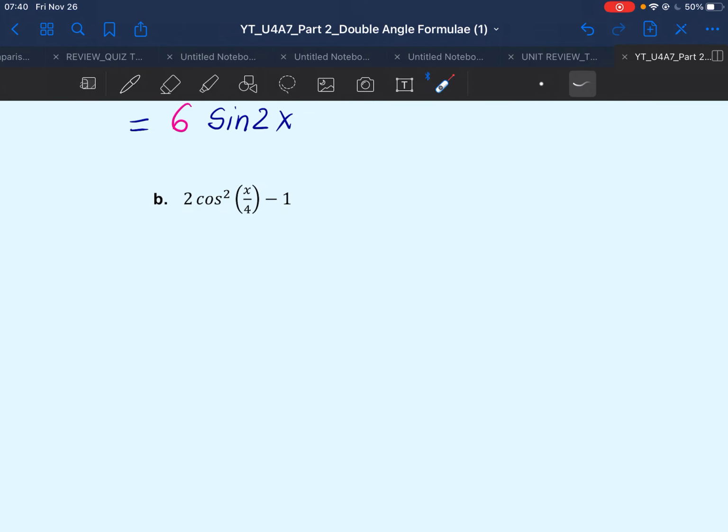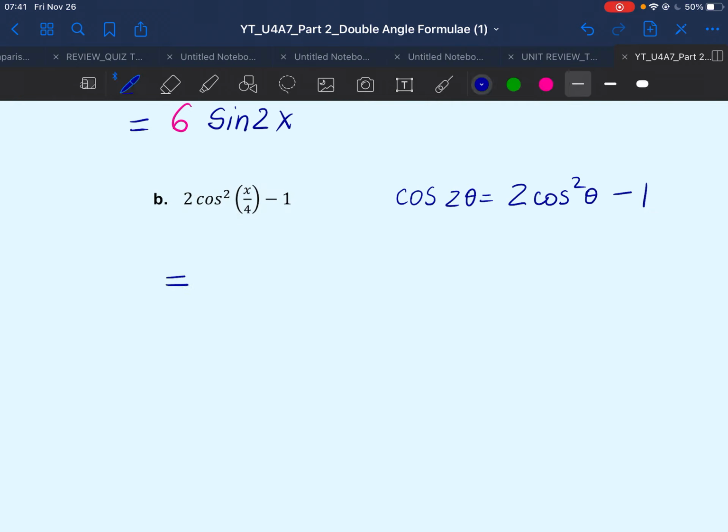In the next expression, we have 2 cosine squared x over 4 minus 1. This reminds me of the cosine double angle, which is cos 2 theta equals 2 cos squared theta minus 1. So here I have the exact same thing: a 2, a cos squared, some angle theta, and minus 1, just like in the formula.